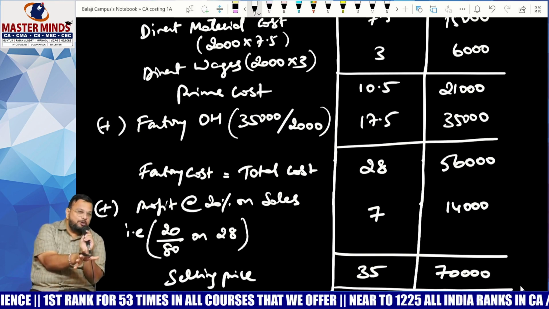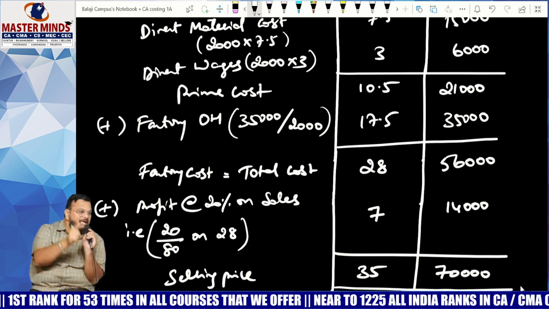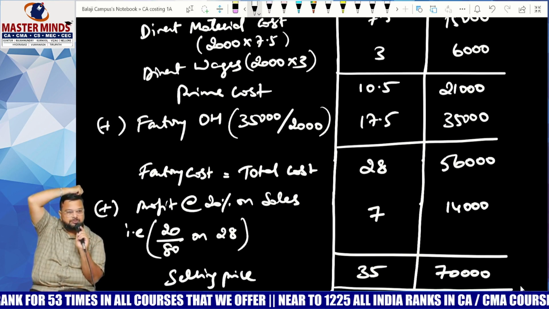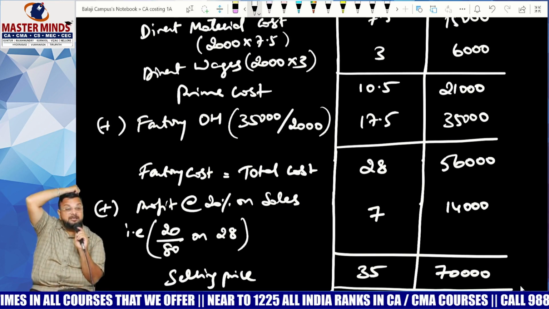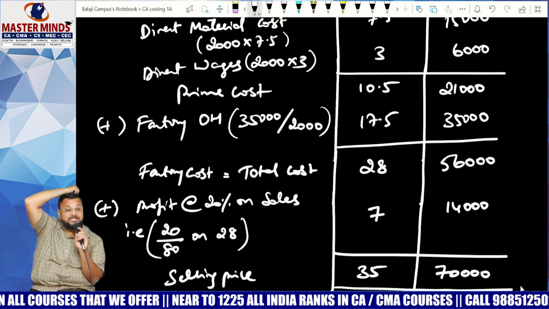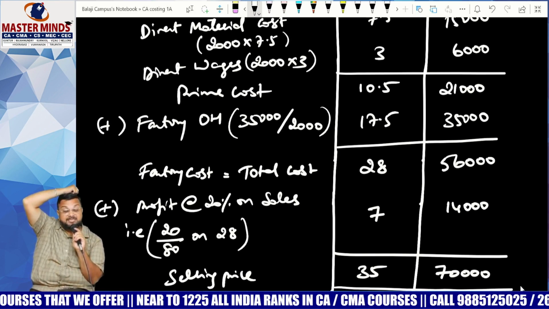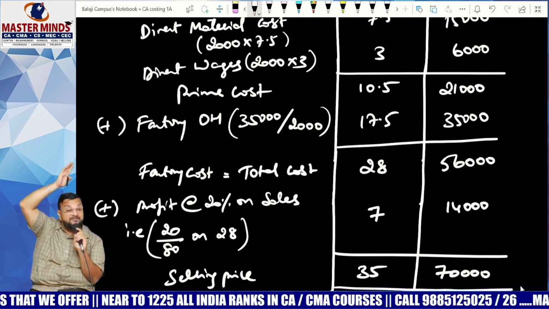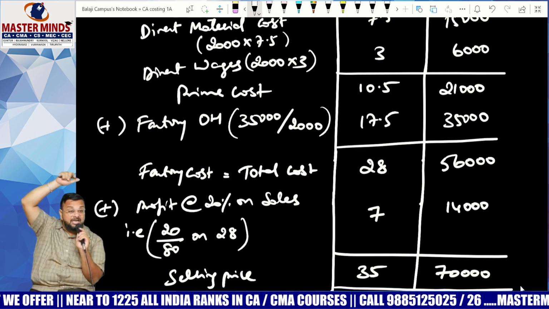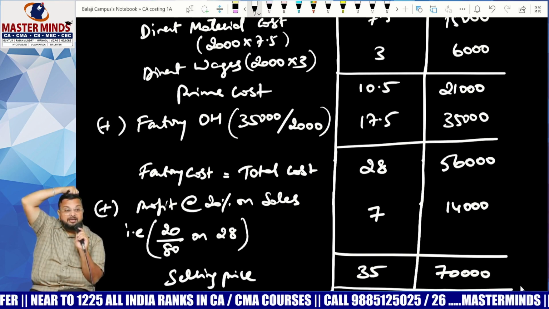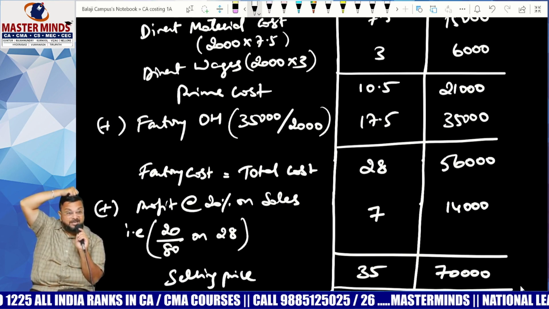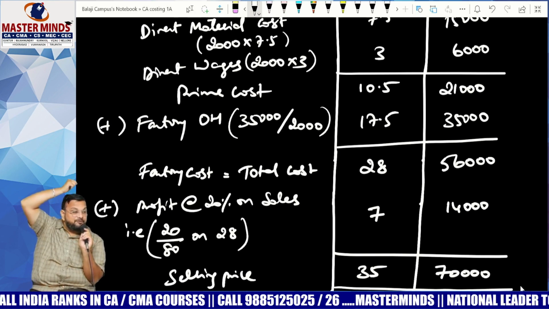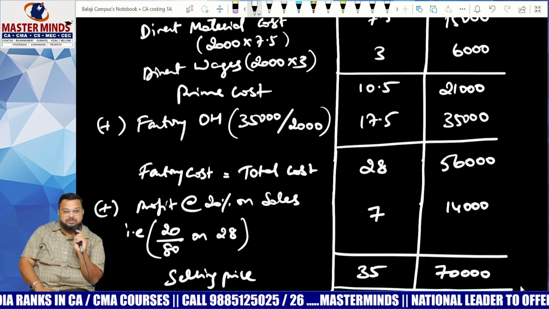Same kind of problem is done in cost sheet, if I'm not wrong. If you remember, first 3 months, next 9 months: for the first 3 months up to 50% capacity, for the next 9 months, 80% capacity. The entire year is divided into 2 parts, 3 months and 9 months. In the first 3 months, 50% capacity, remaining 9 months, 80% capacity. Up to 50% capacity, you will incur this much cost.